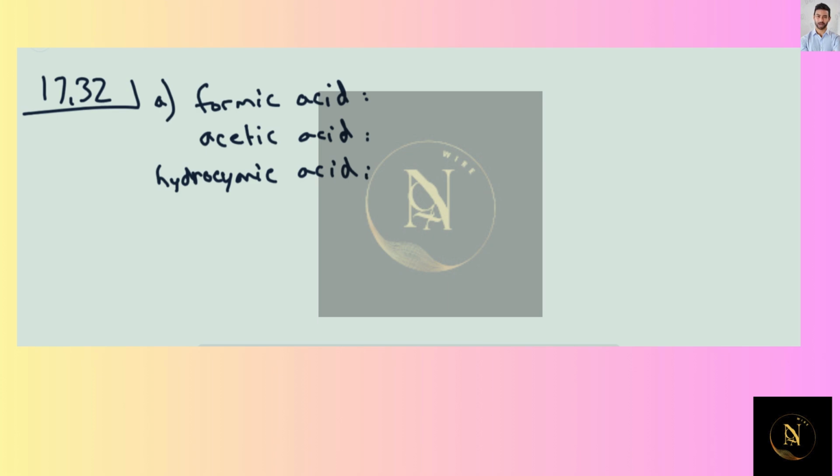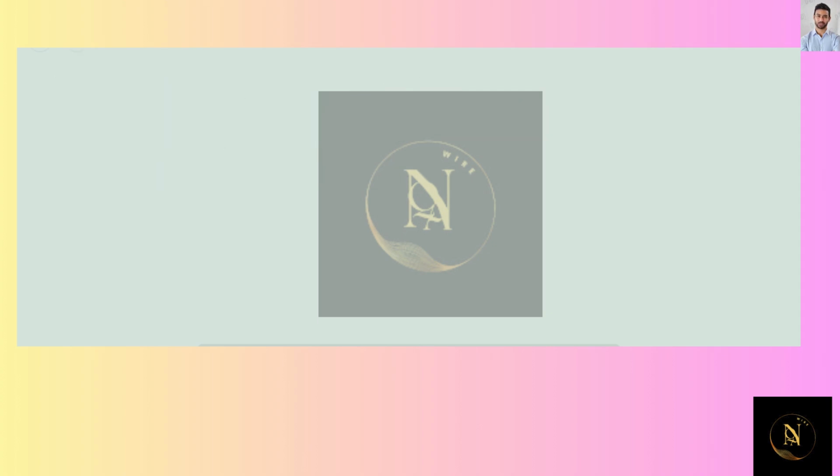The pKa for formic acid is 3.74, for acetic acid is 4.74, and for hydrocyanic acid is 9.31. So if we want a buffer with a pH of 5, we select the one that's within 1 pH unit of this value, and that's acetic acid. So we'll use the acetic acid buffer solutions to make the buffers.